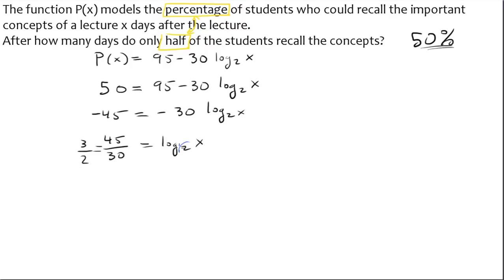And since I have a log base 2, I'm going to do 2 to the log base 2 of x. That's going to give me just x, and that's going to be equal to 2 to the 3 halves power.